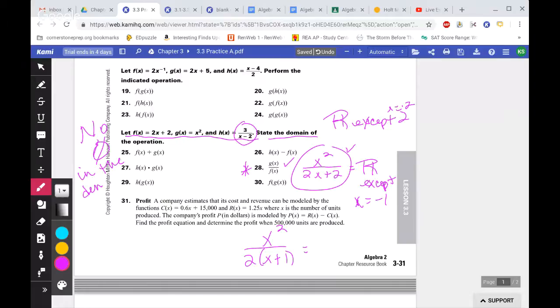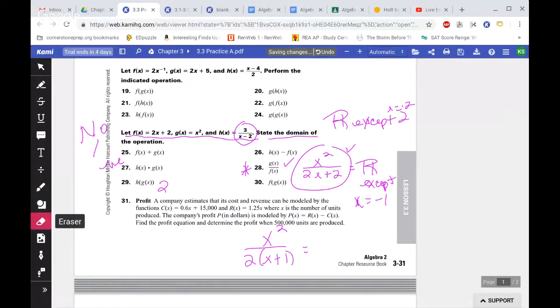Mm-hmm. Okay, so what about 29? Maybe there is g of, oh, this is a combo. So if I take x squared, okay, there is going to be a square root one. So this one, you're sticking, oops.